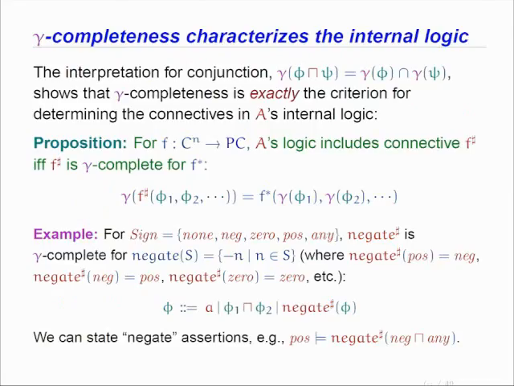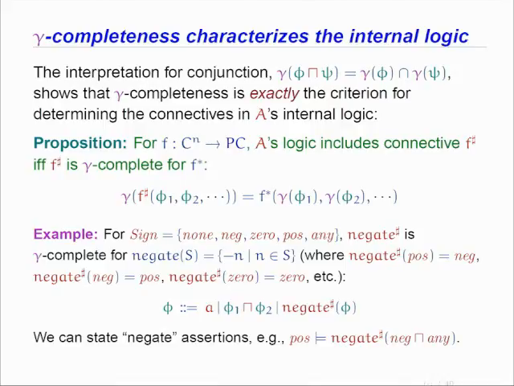The key idea is that gamma tells you everything. The gamma map tells you which connectives, which operators belong to your logic. And what's interesting is sometimes those operators are surprising. So with my baby sign domain, my original sign domain had just this baby stuff before I did disjunctive completion. I knew I had AND and I knew I had these guys here, neg, 0, pos, any in my logic.